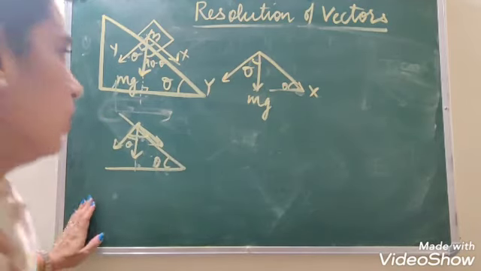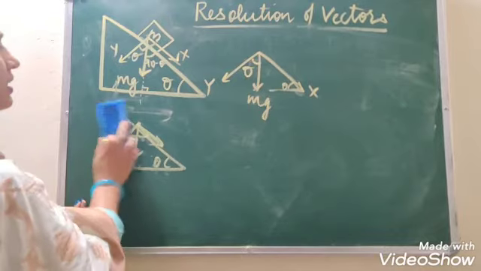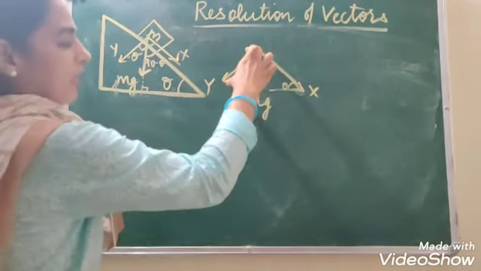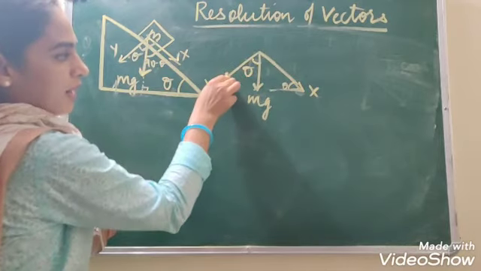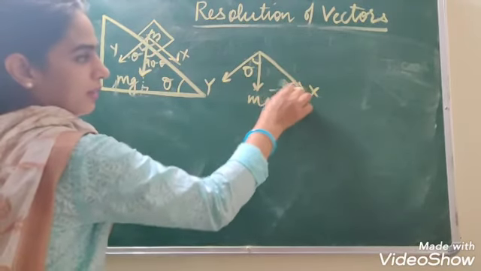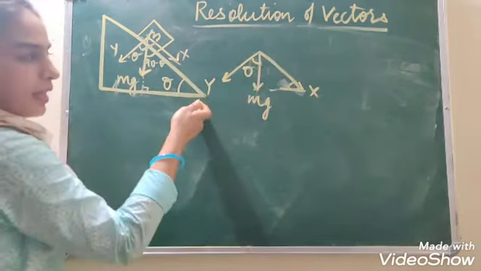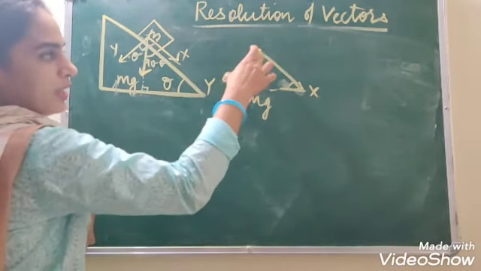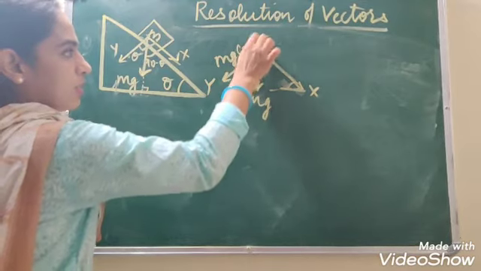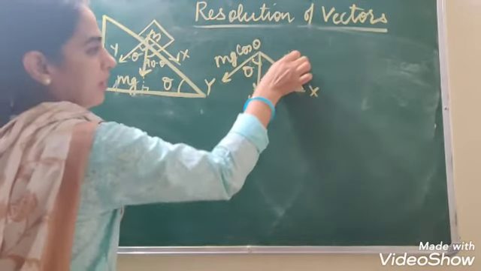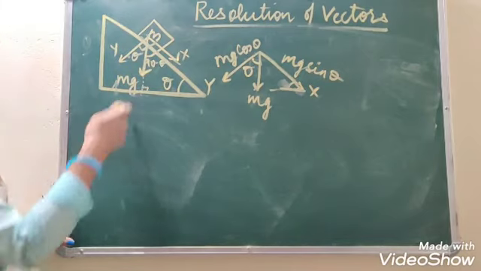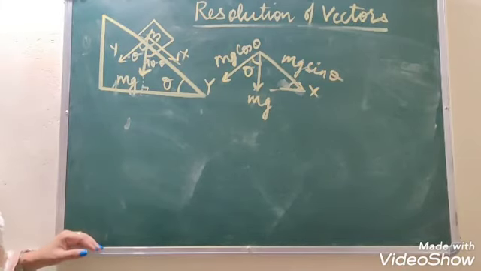So we got this angle as theta. That means theta is made with this y-axis, and the x-axis is perpendicular to it. So mg cos theta will be this component, and the perpendicular one will be mg sin theta. This is how we get the components.